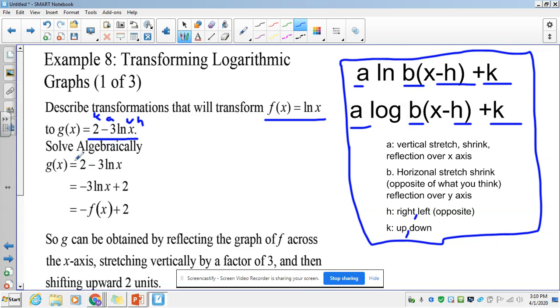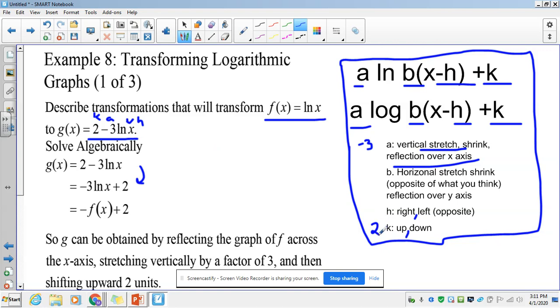This is a positive 2. So you can see how they rewrote it here to help you. So positive 2 and a negative 3. So you should be thinking reflecting over the x, stretching because of the 3. The negative 3 falls into that A. So that has reflected over the x and stretched it. And then K is a positive 2. So I went up 2.